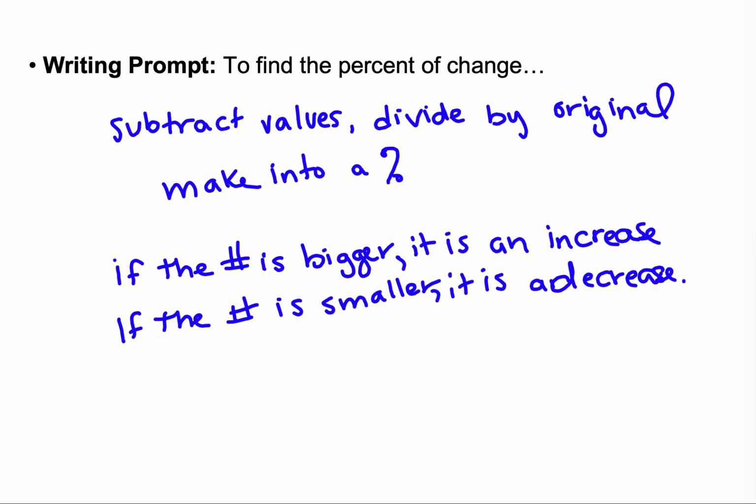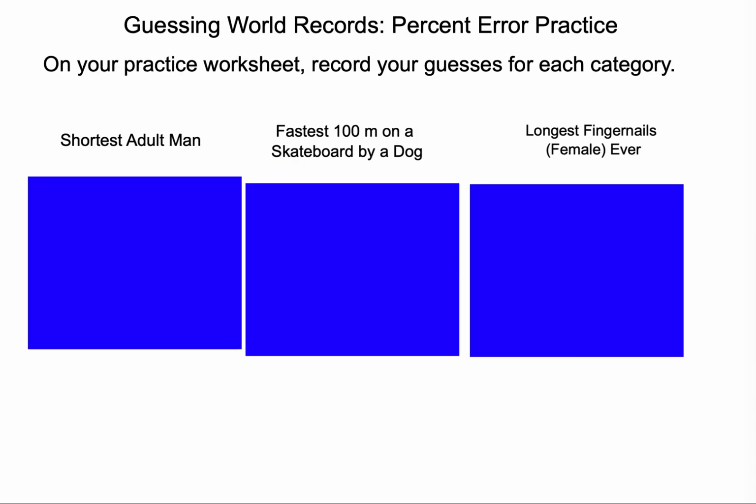Okay, so we're actually going to do one more activity together here in our notes, and that is some percent error practice, because really we only did a couple problems together. So on your Google Doc, on your sheet, you're going to record guesses for each one of these categories, and then you're going to calculate your percent error for how close your guess was.